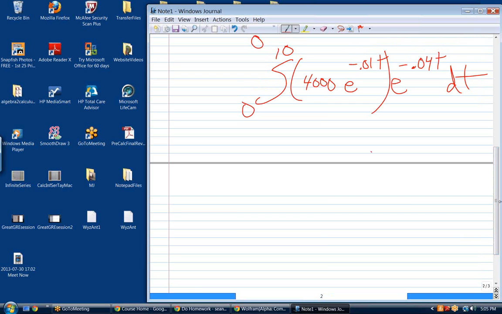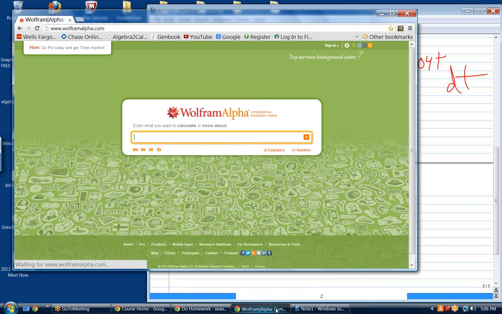Let's at least combine it. So, in fact, we'll take the 4,000 out, and we're going to end up with e to the minus 0.05 t. Is that correct? E to the minus 0.01 t times e to the minus 0.04 t. Add exponents, get minus 0.05 t. So we'll let Wolfram do the hard work here.